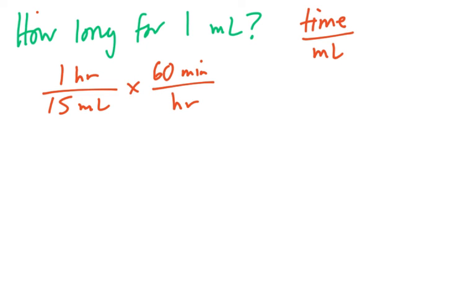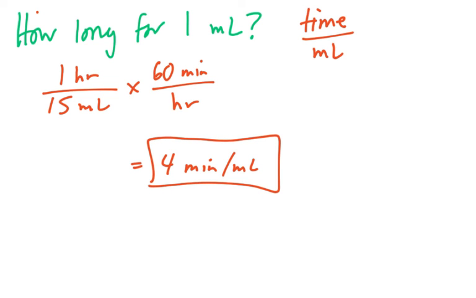Hours will cancel away, and we can get that it would take 4 minutes per milliliter to drip, right? So that's another way of thinking of it. 15 milliliters per hour, or 1 milliliter every 4 minutes, right? Or 4 minutes per milliliter.